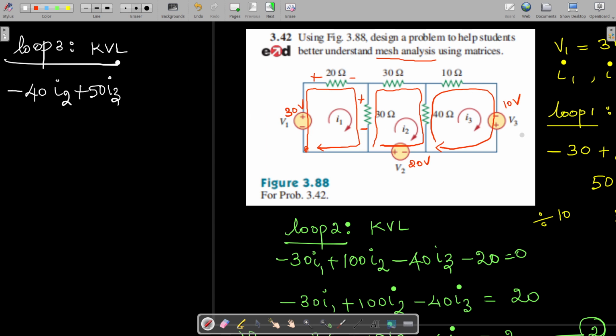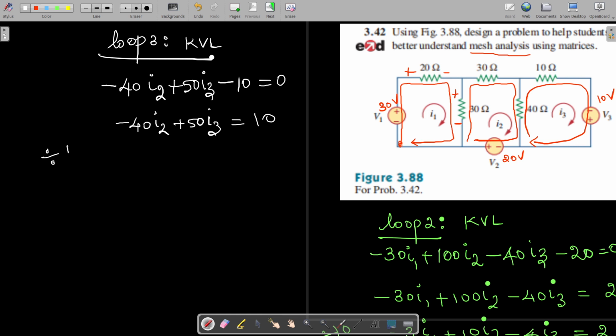When you travel in this direction regarding this voltage source, the entering point has a minus sign, so you put minus 10, that is equal to 0. So it is minus 40 I2 plus 50 I3 equal to 10. If you divide this by 10, we get minus 4 I2 plus 5 I3 equal to 1. So this is equation number 3.